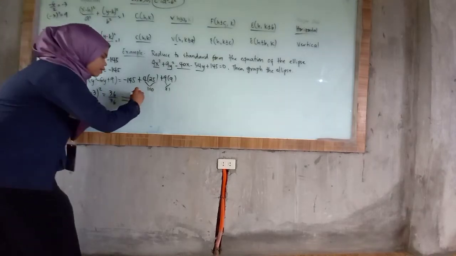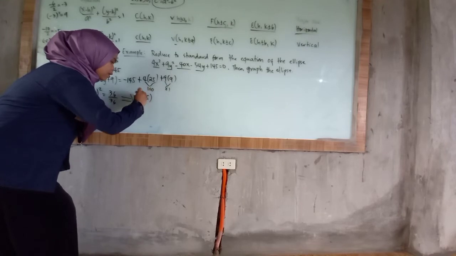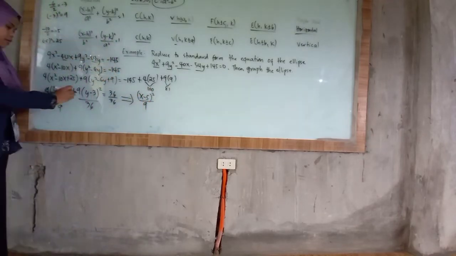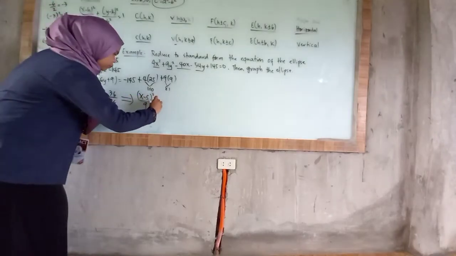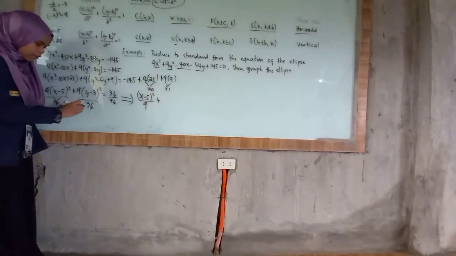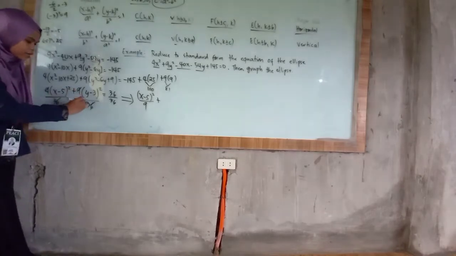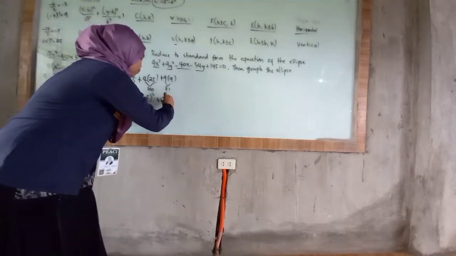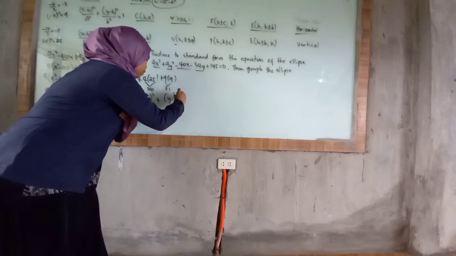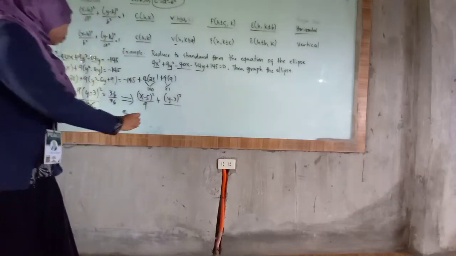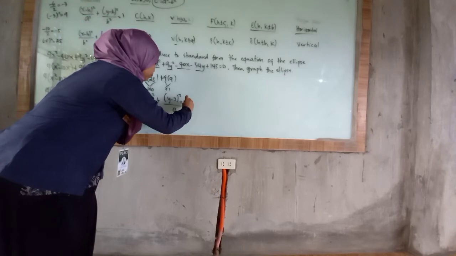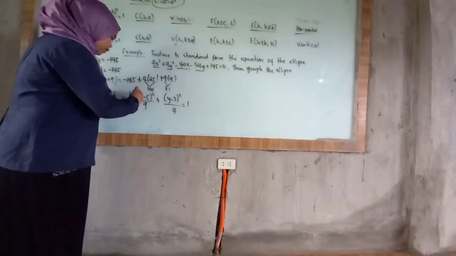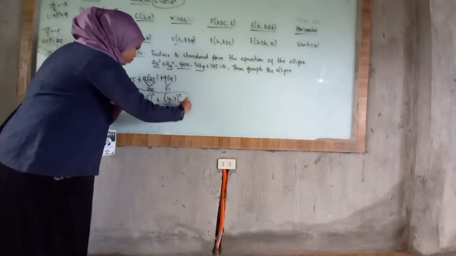So, that will give us x minus 5 quantity squared over 9 plus, so same dito, I have to cancel the factor 9. Ang matitira na lang ay si 4. So, I have y minus 3 quantity squared over 4 is equal to 1. So, that is the standard form of the given general equation.